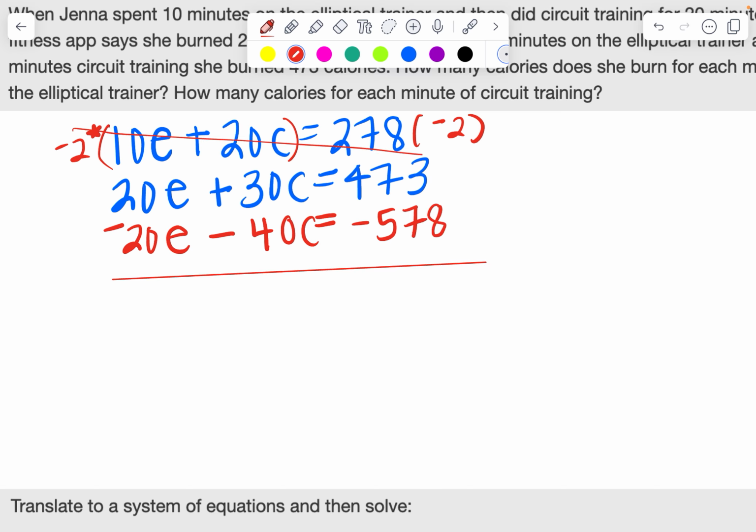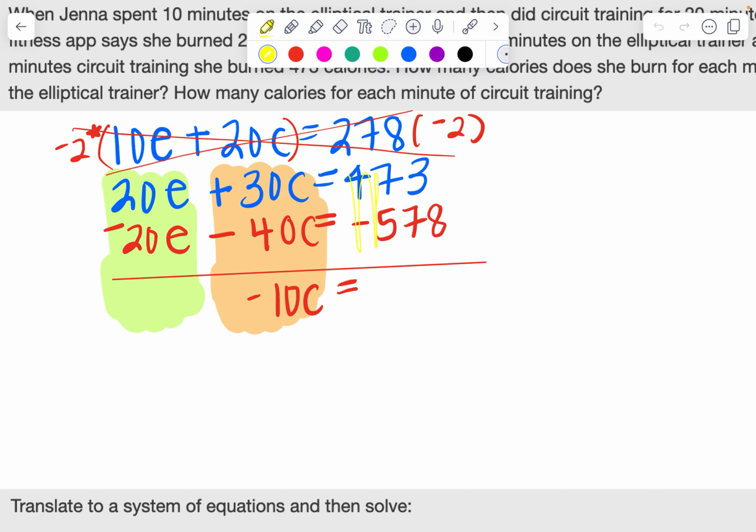So now remember, this equation doesn't exist anymore. It has now become my equation in red. And if I look at my like terms here, that cancels out. 30C minus 40C is negative 10C.